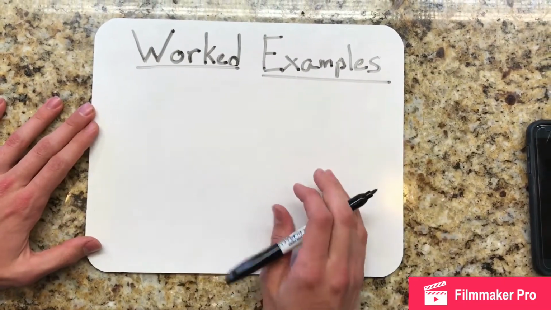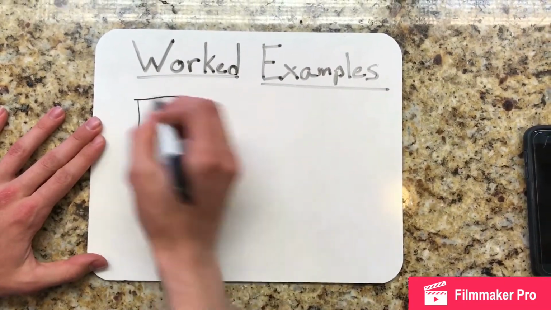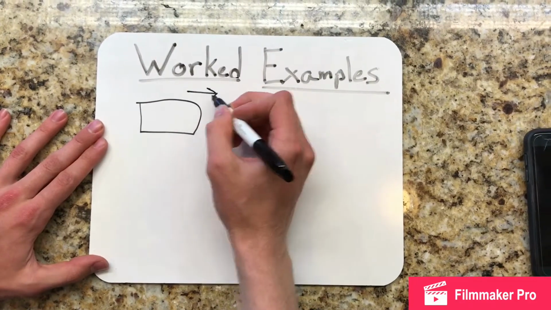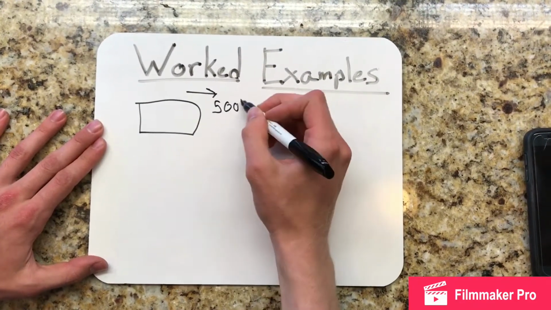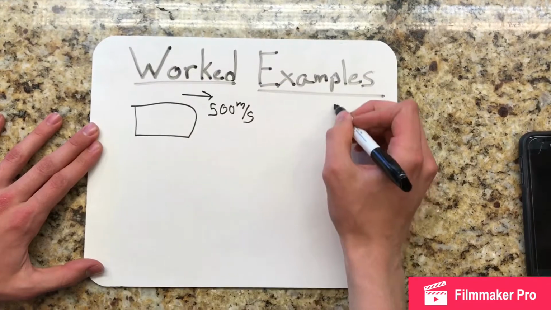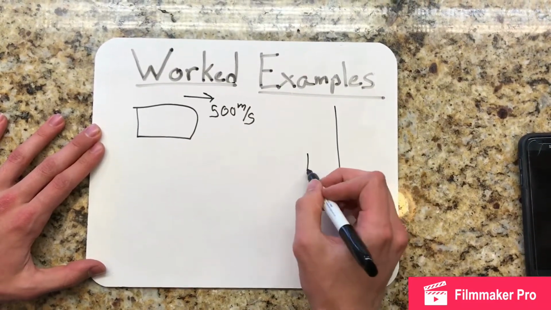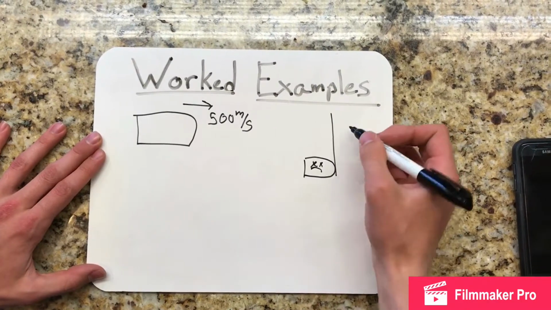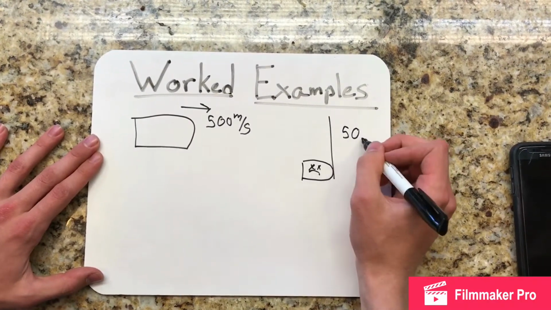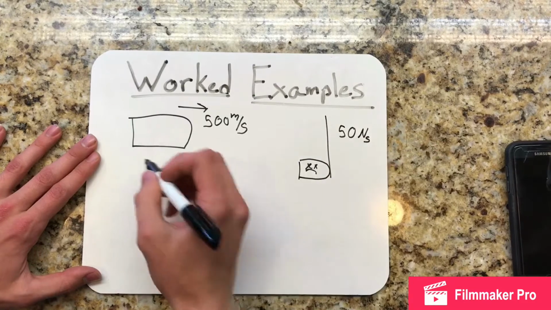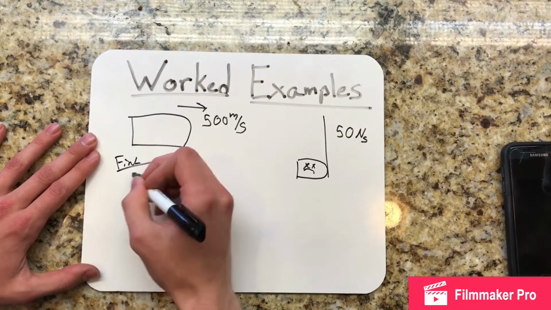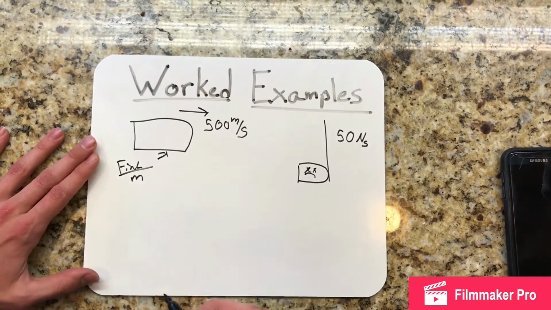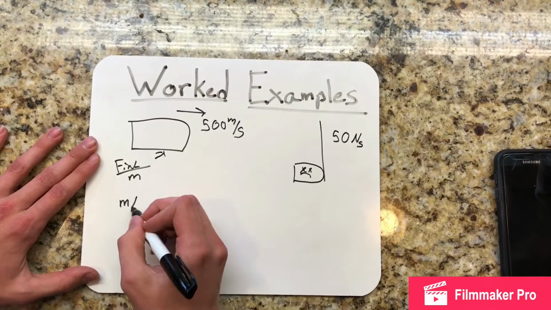Alright, so here are some worked examples. If we have a bullet traveling this way at 500 meters per second and it comes to a complete stop right here because of an impulse of 50 newton-seconds, we are trying to find the mass of this bullet. So we can use our equation.